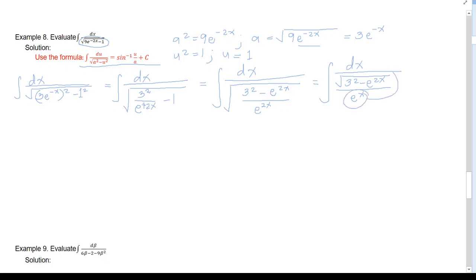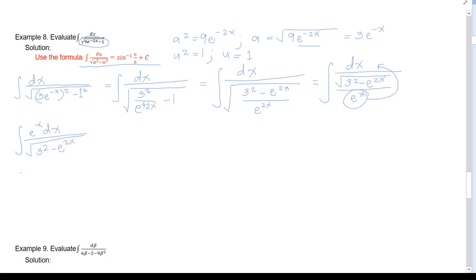Let's bring this up. It will become the integral already of e raised to x dx, and what remains in the denominator is still the square root of 3 squared minus e raised to 2x.